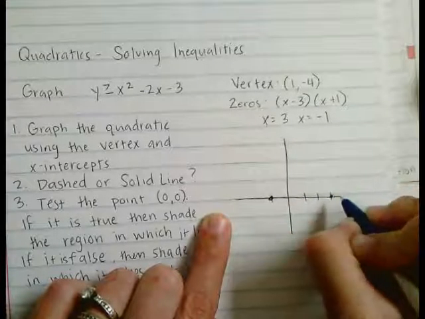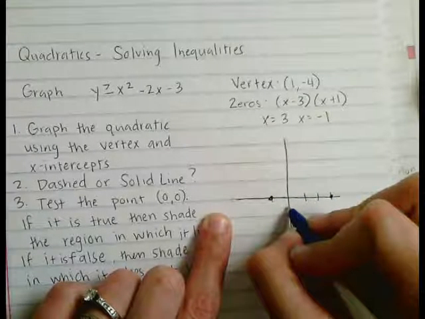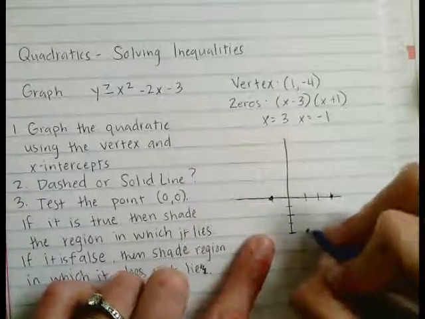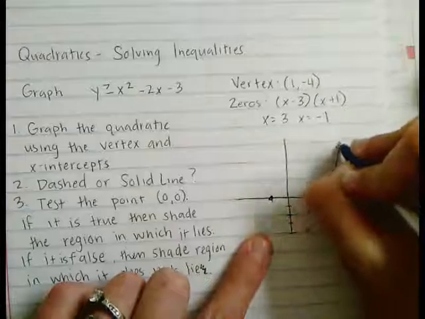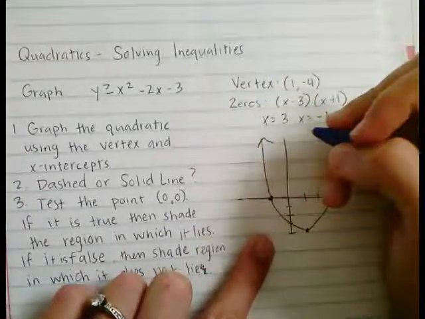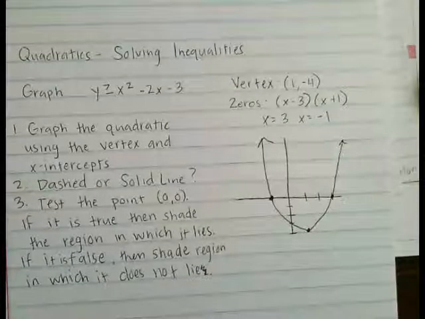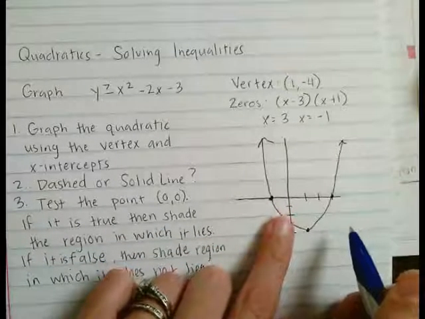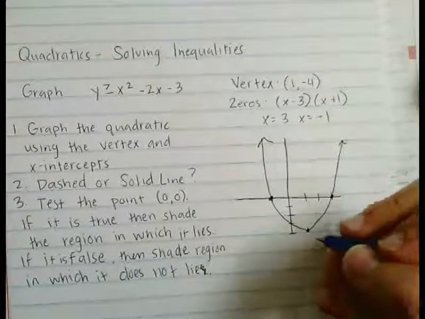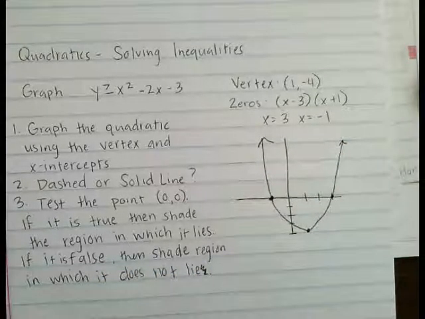Got 3, and then we've got 1, -1, 2, 3, 4. Okay. So that's our quadratic graph right there. Now that is a very rough draft, so yours will be able to be a little bit better than mine.